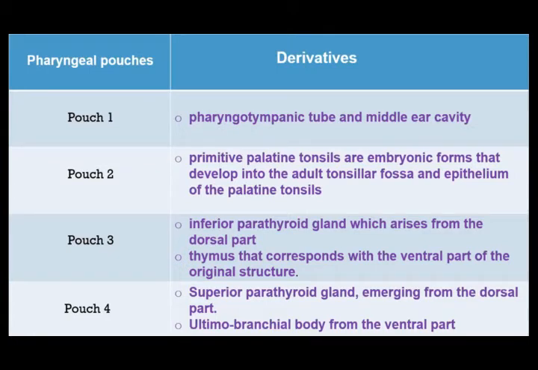So this is the basic structure, the ultimobranchial body that is giving rise to the parafollicular cells, and the parafollicular cells are involved in the regulation of calcitonin.